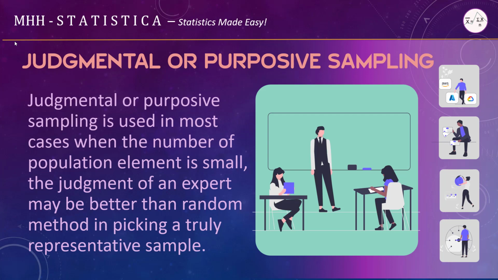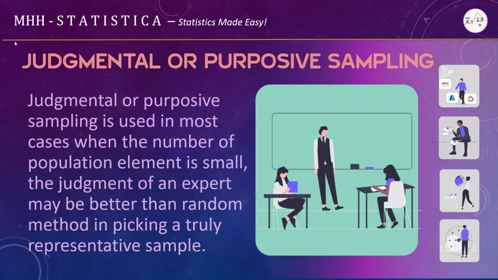The judgment of an expert may be better than random methods in picking a truly representative sample. In this case, researchers choose only those people who they deem fit to participate in the research study. For example, if element A is fit, then A will be picked. If element B is not fit, then B will not be picked.